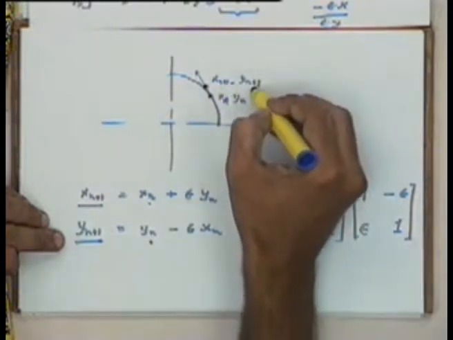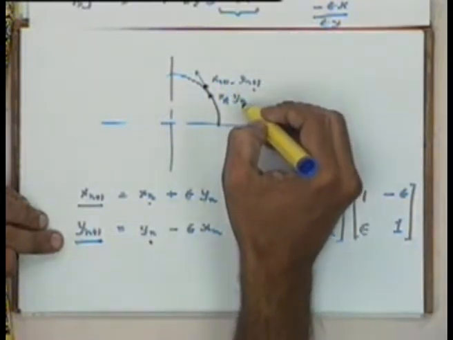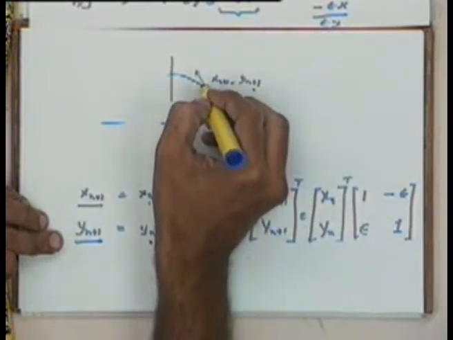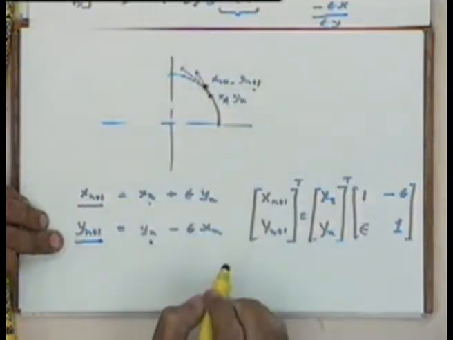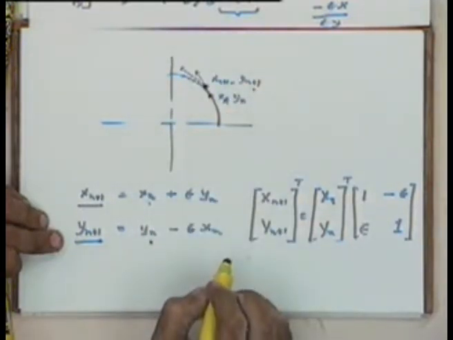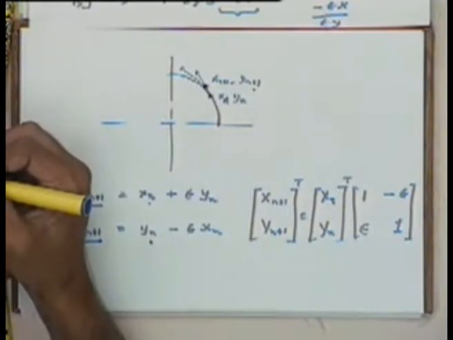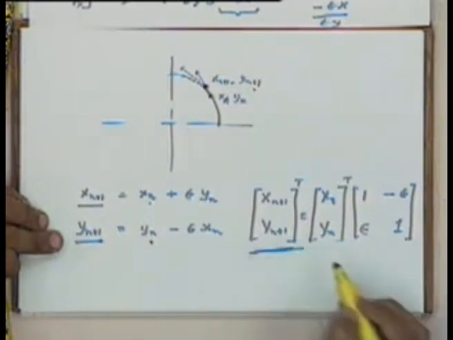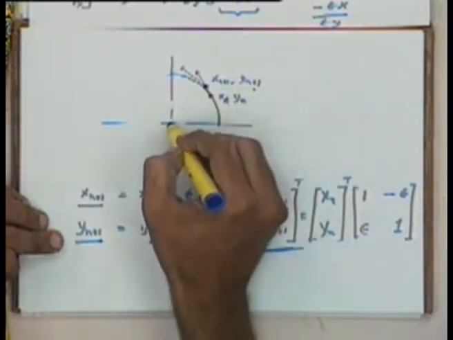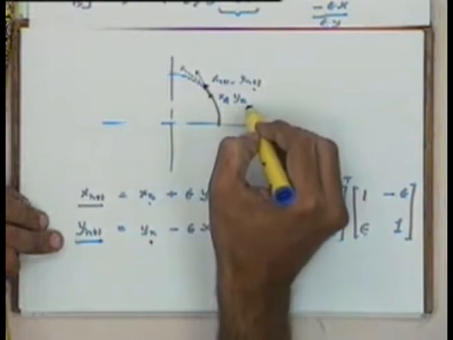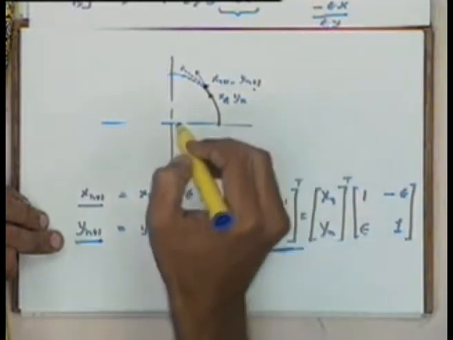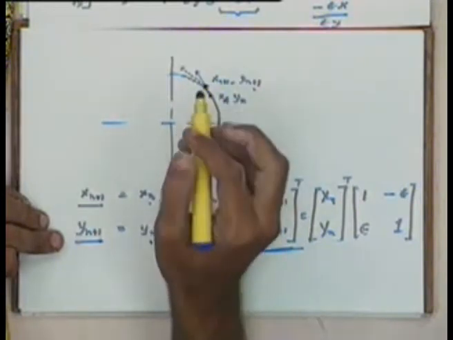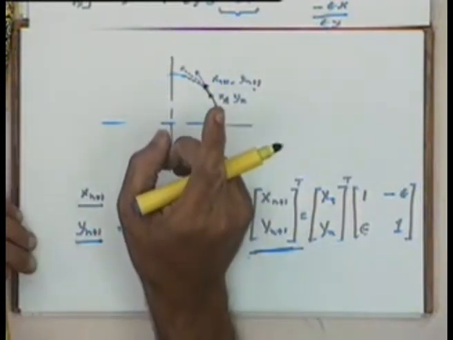So my xn plus 1 yn plus 1 will become xn yn, and then from this point I'll take a tangent like this and I'll continue in that process. But effectively what is happening is this point xn plus 1 yn plus 1 is slightly further off from the center than the point xn yn. It is not exactly at the same radius. The difference will be very small, but there will be a difference.